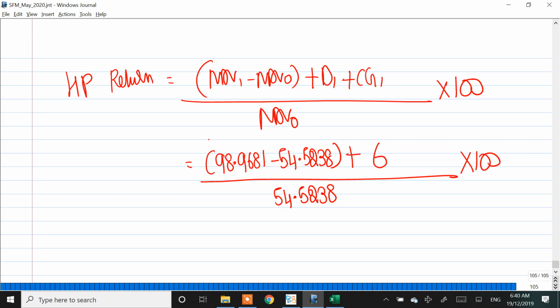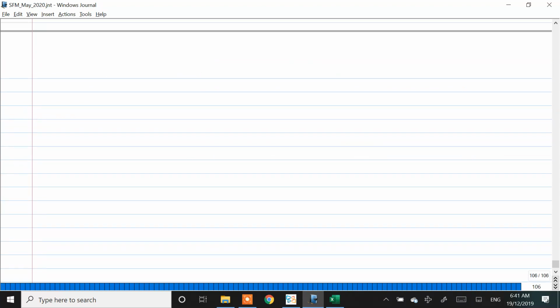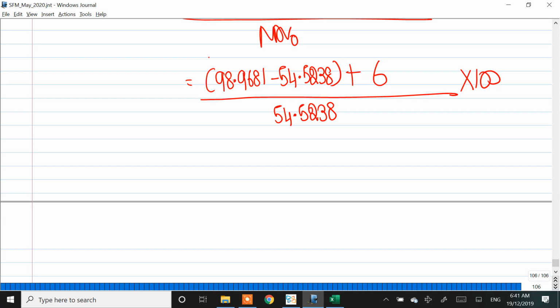It's 3 per year. It's given as 3 per year. Be careful while reading it. I am doing analysis for a period of 2 years. It's 3 rupees per year. So 98 minus 54 plus 6 divided by 54.